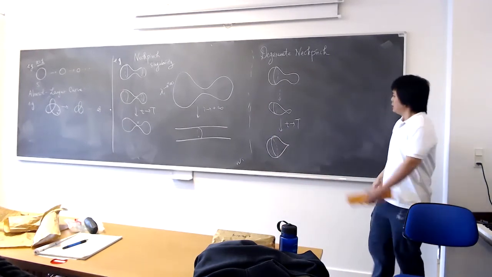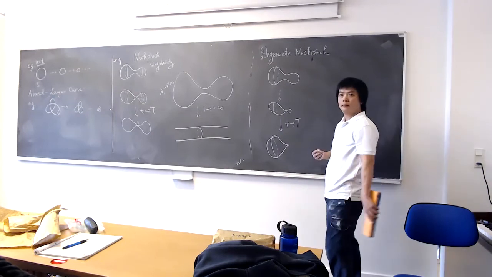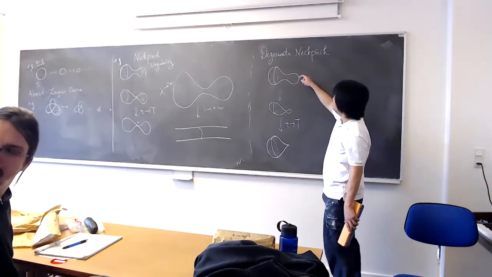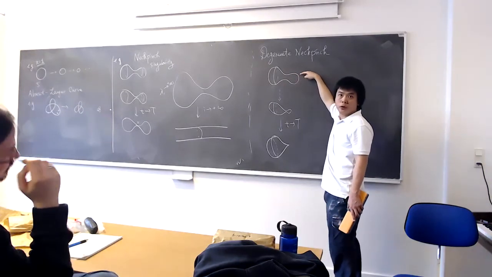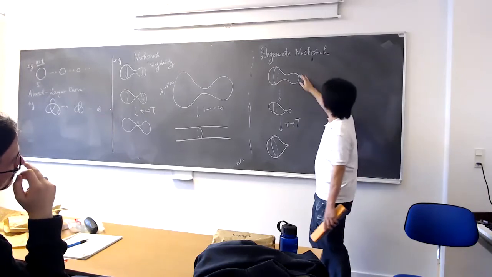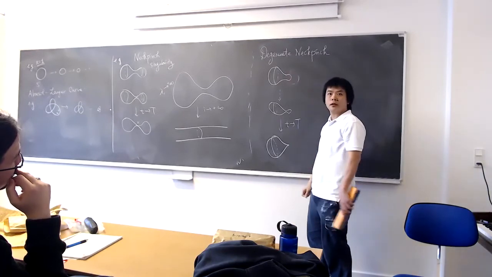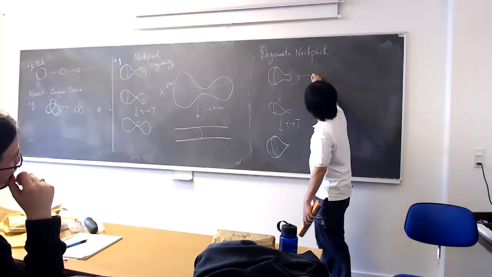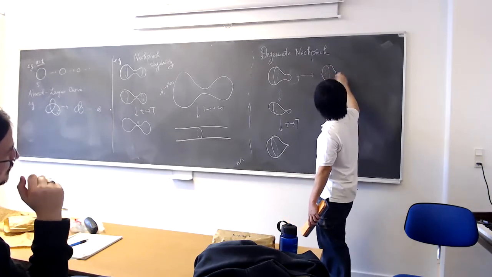So why do I want to point out this situation? Why could that actually happen? That happens when I choose the radius of this ball to be smaller and smaller. You can think of it this way: if this ball is extremely small, then maybe there's no singularity here at all. It just goes away.